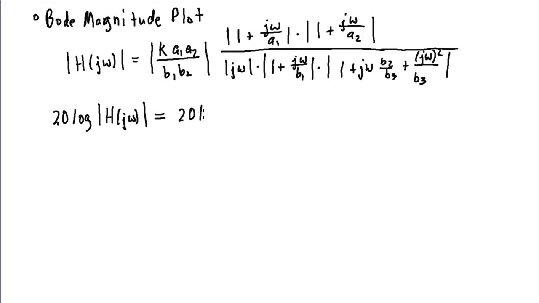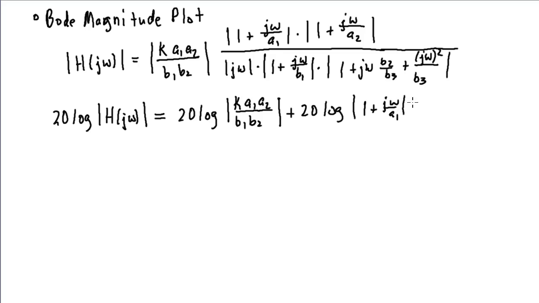Then the log of a product is the sum of the logs, so I'll have 20 log of this constant term and then I'll have 20 log of this first zero term plus the second zero term and then I'll be subtracting the denominator terms.